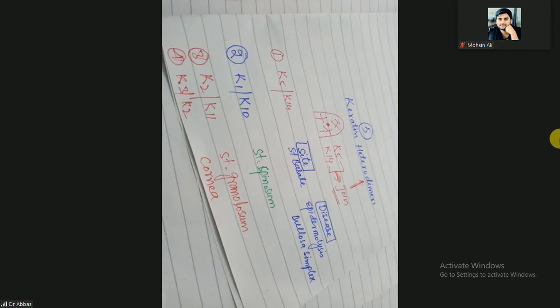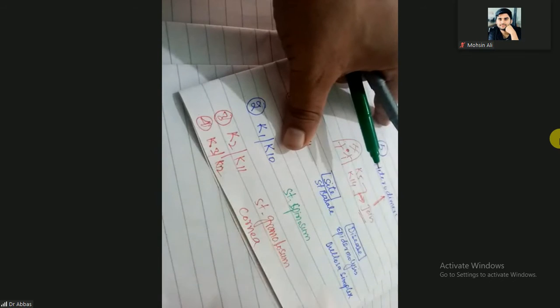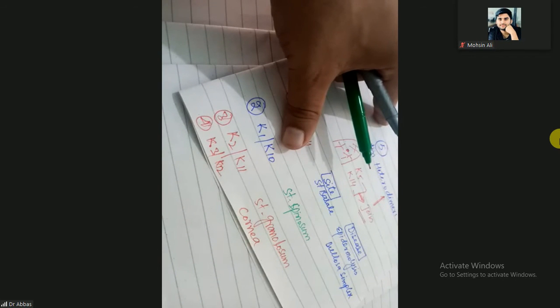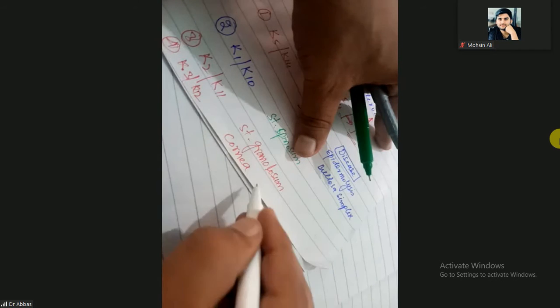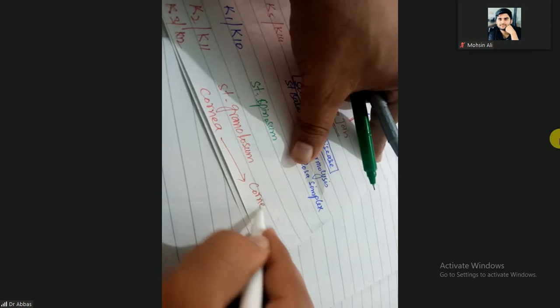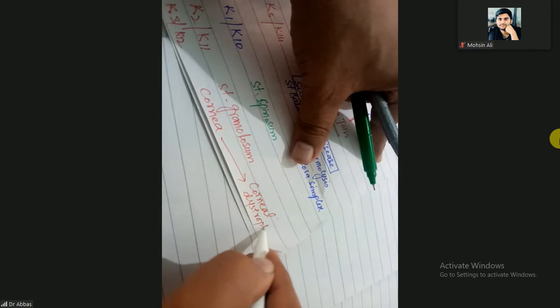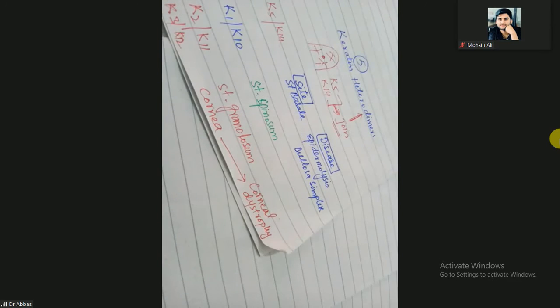When there is a genetic defect in the synthesis of K3 and K12, so here it is K12, not 2, in the cornea, there will be a disease, corneal dystrophy. So let's move on to the next one.